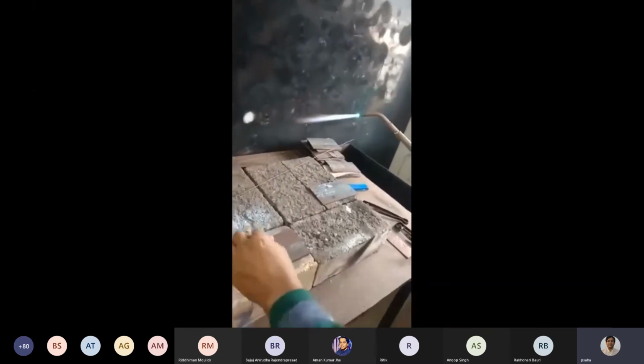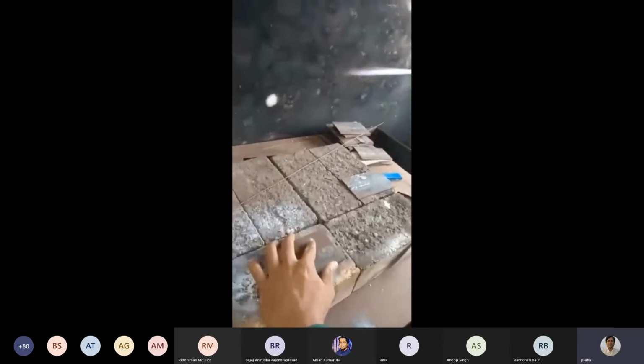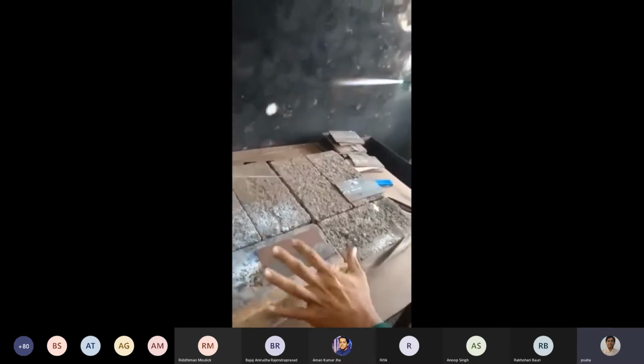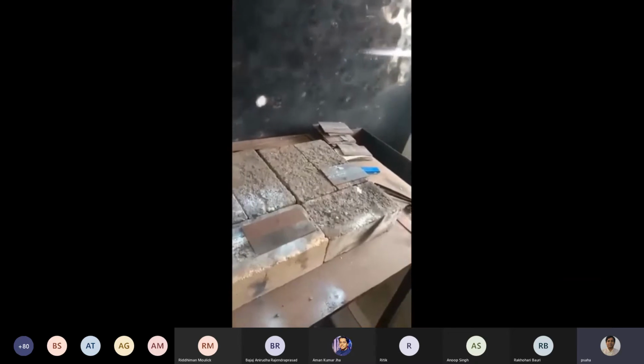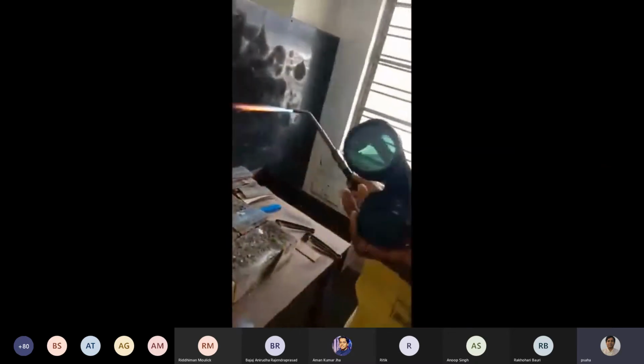Now I will show you the autogenous process. I will show you the homogeneous process using the filler rod material. And these are the safety items. These are the gas welding goggles you have to use for safety of the eye.